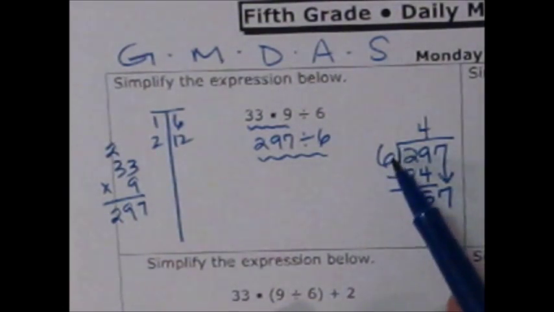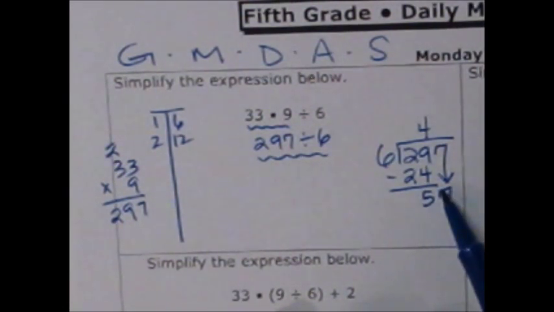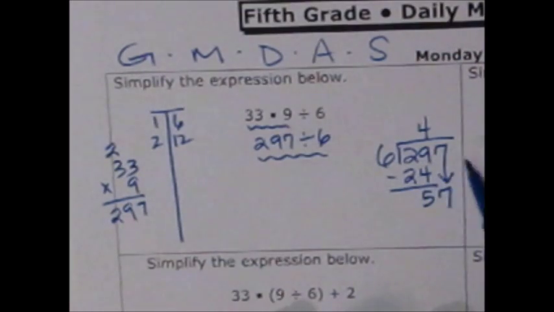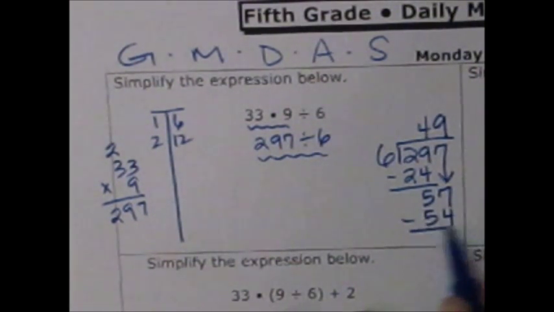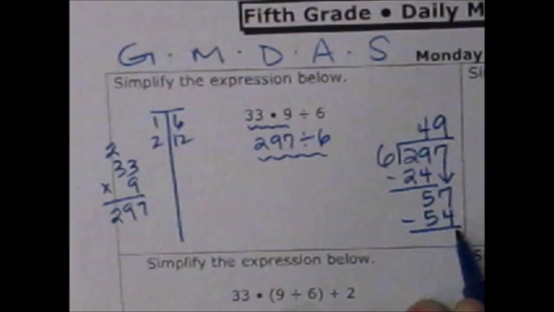But what I like to do is think about it. Okay, 57, I know that 6 times 10 is 60, so 10 would be too much. Well, what about 9? 6 times 9 is 54. So that's as close as I can get, so I'll subtract that. 57 minus 54 gives me 3.